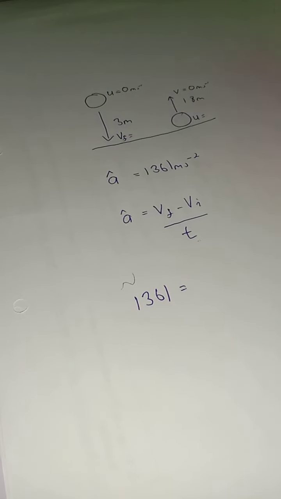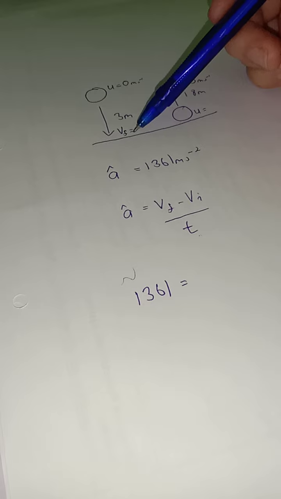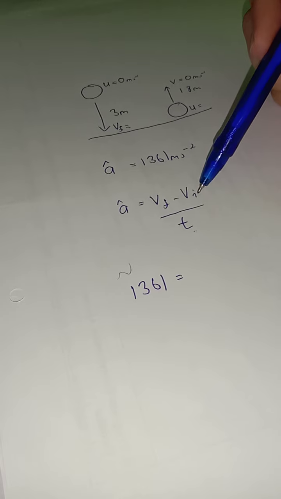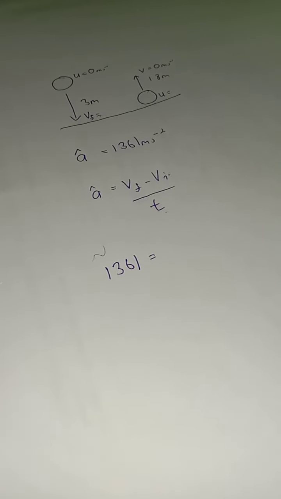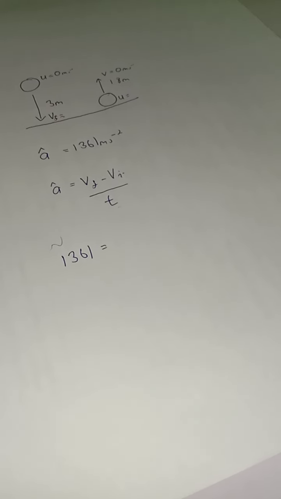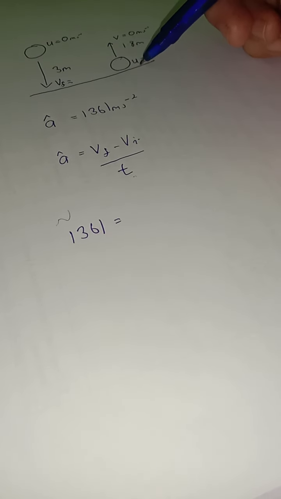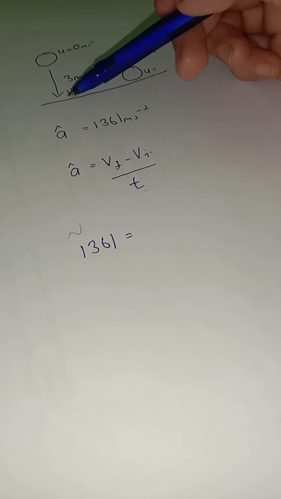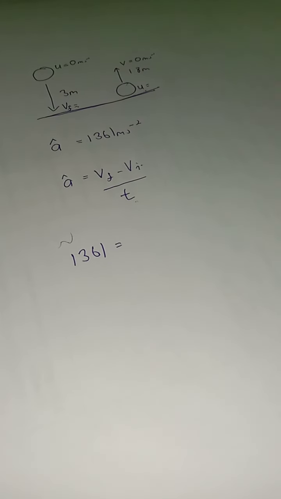But don't get confused. We are going to solve this first, and the final velocity here will be the initial velocity for the contact, while this velocity here will be the final velocity, because this one will be initial and this one will be final at the touching point.